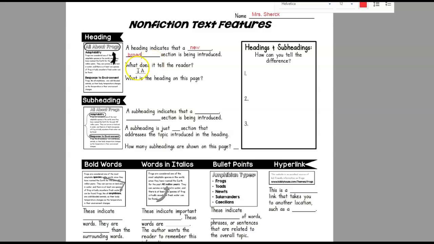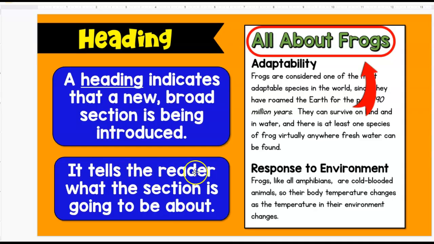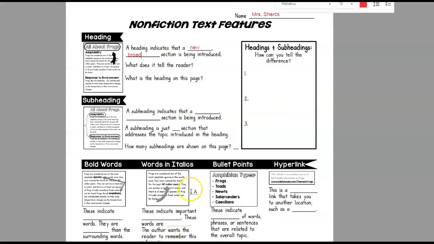Section is being introduced. What does it tell the reader? Well, let's go back and look. It tells the reader what the section is going to be about. So let's fill that in. It tells the reader what the section is going to be about.